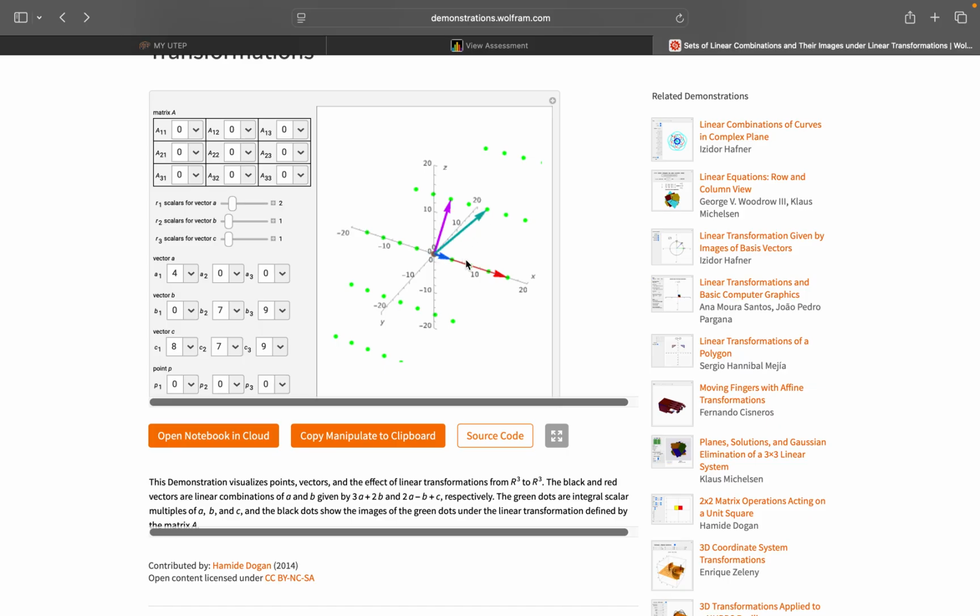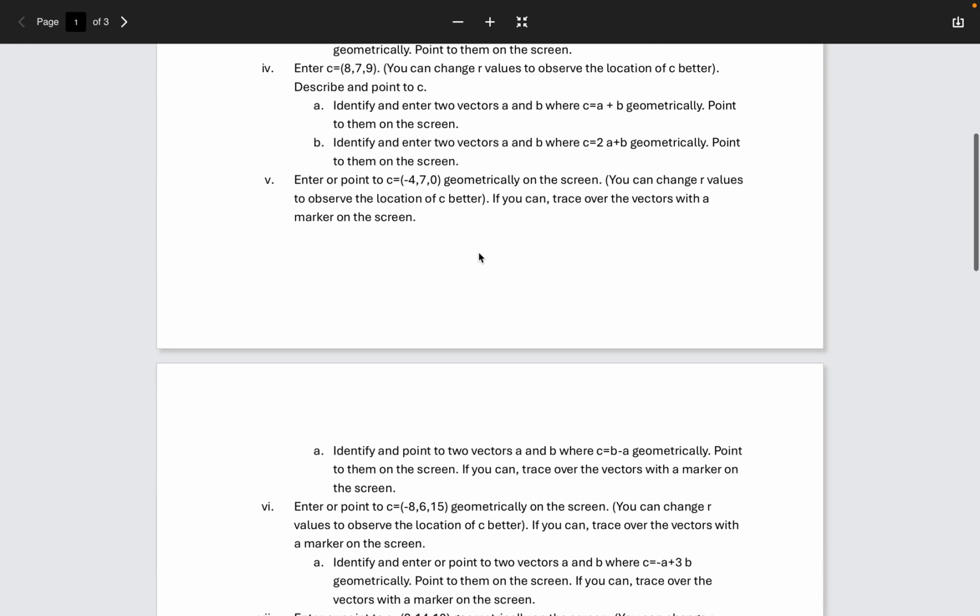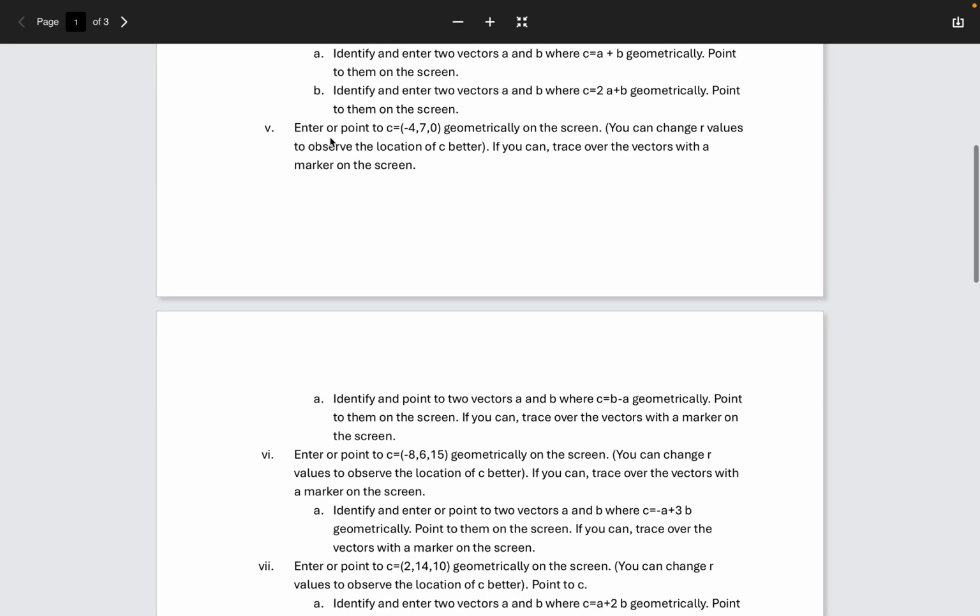So you can see right here, 2 times 4 would be 8. 8 plus 7, and 9 going in the C direction. So point value -4, 7, 0.